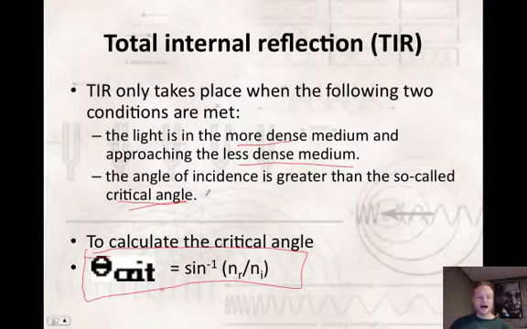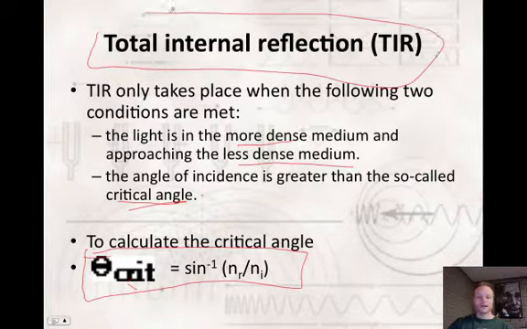The critical angle, theta critical, equals the inverse sine of the index of the refractive medium divided by the index of the incident medium. Whatever that equals is the angle beyond which, if you shoot a light ray, let's say it's 40 degrees, if you go beyond 40 degrees, you're going to get total internal reflection.